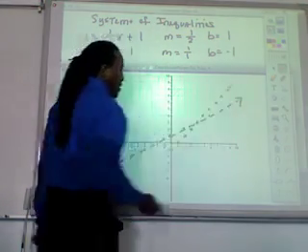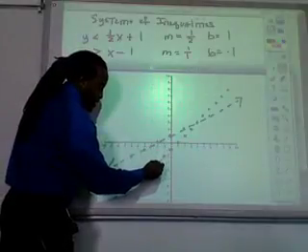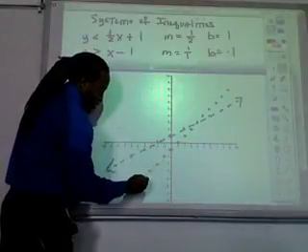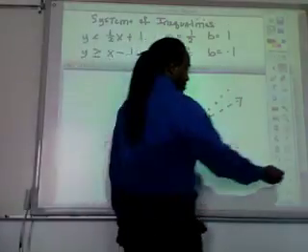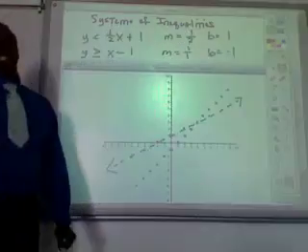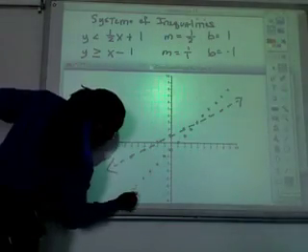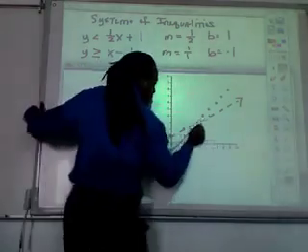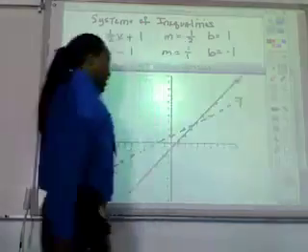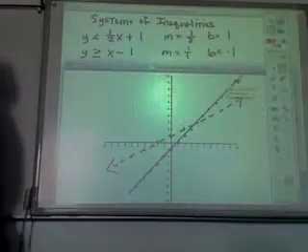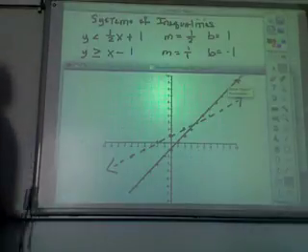Again, I want to do as many points as possible for the accuracy of my line. What type of line am I going to have here? A solid line. Therefore, here's my solid line indicating this particular inequality. Now, let's test the shade.